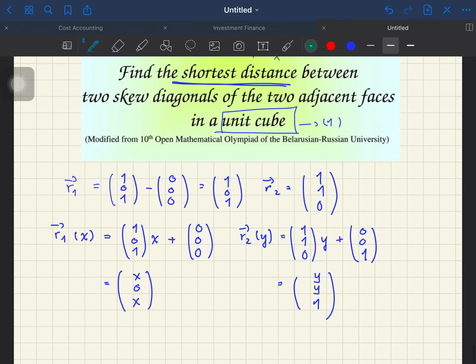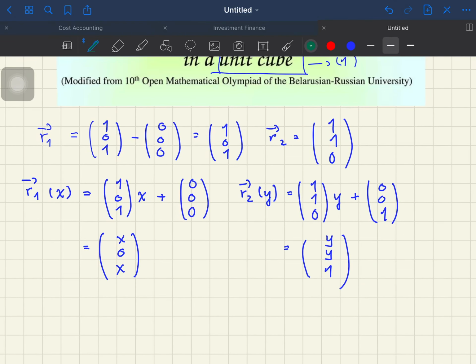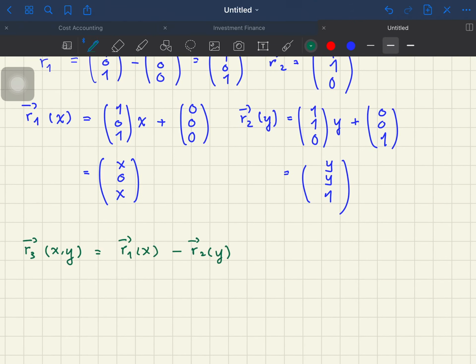So we know that we can use the distance formula by trying to find this vector difference between R1 and R2. And what we will get is actually R3. We can take R3 in terms of x, y, which is also essentially the difference between the vectors R1 and R2. Just try to express it into a single vector.